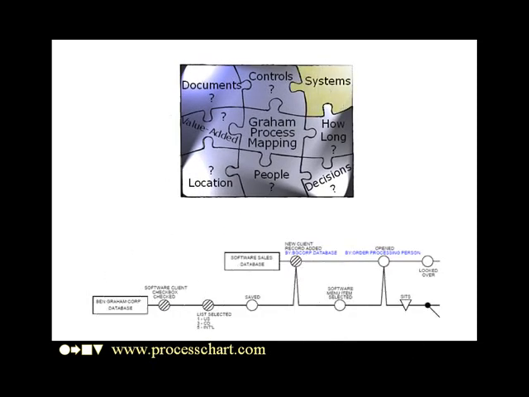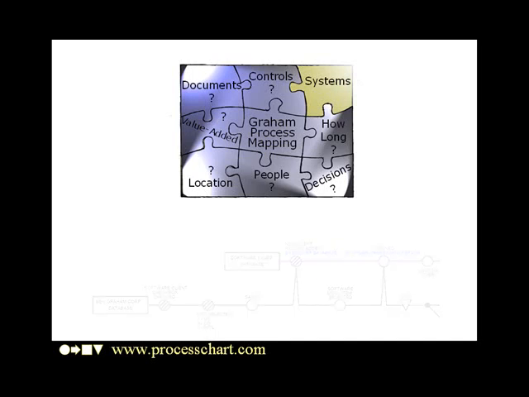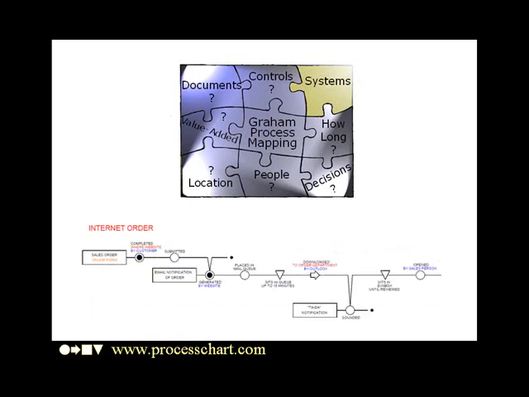Graham process maps show systems and the relationships between systems. No other maps do this. With Graham process maps, the systems are clearly displayed. The person doing the work is clear for every step in the process.